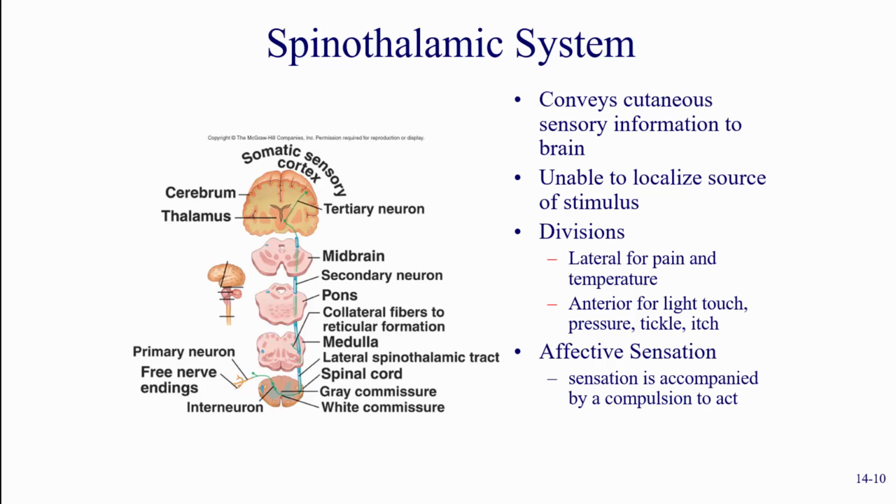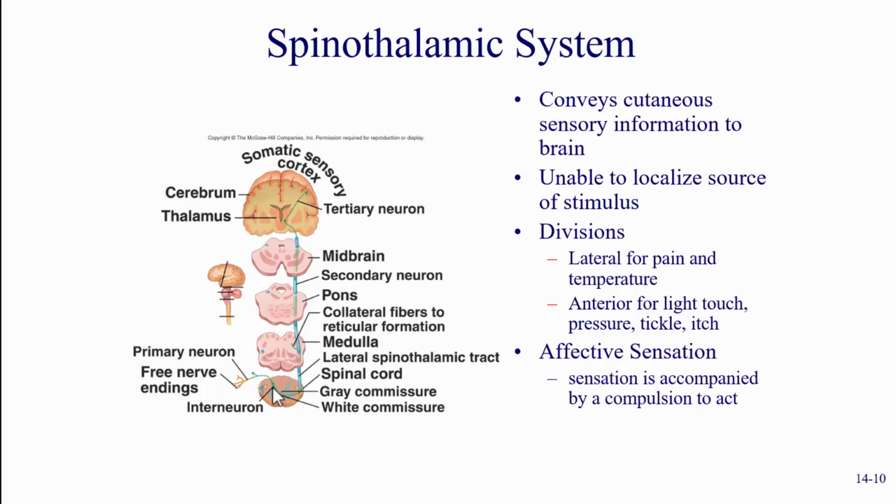And if you remember that typically the sensation on one side of the body actually goes to the opposite side of the brain. So sensation on the left side of the body has to make its way to the right side of the brain. In this case, we can see where we have our nerve endings in our primary neuron as it goes into the spinal cord. And since it's sensory, it's going into the posterior portion of the spinal cord.